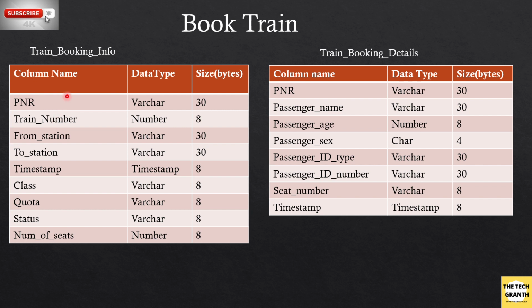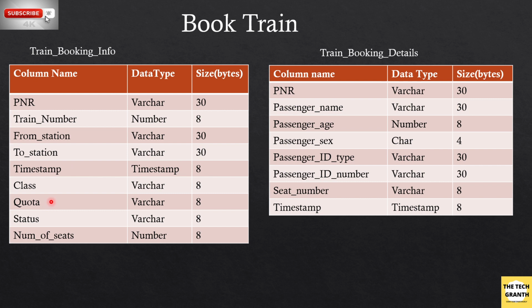Then while capturing other details, you need to capture the train number for which the booking has to be made, the from station to station, the timestamp, which is nothing but the date for which you are making this particular booking, and the class, for which class you are going to book the ticket, whether it is third AC, first AC or second AC. Again, quota is whether you are booking under general quota, ladies quota or tatkal quota.